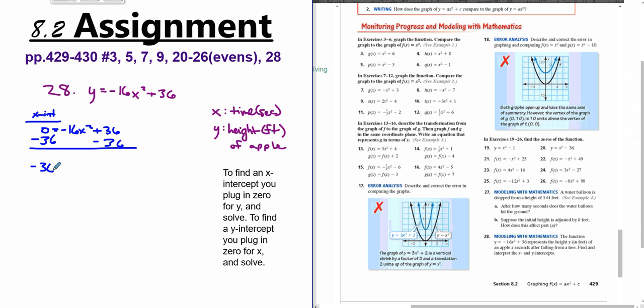I get negative 36 equals negative 16x squared. Divide both sides by negative 16. So negative 36 divided by negative 16, the negatives are going to cancel. 16 goes into 36 two times. That gets me to 32, and I have 4/16 left over.